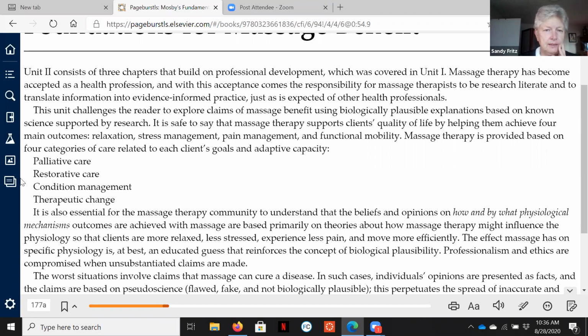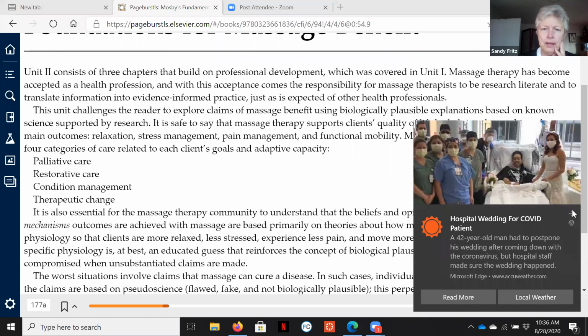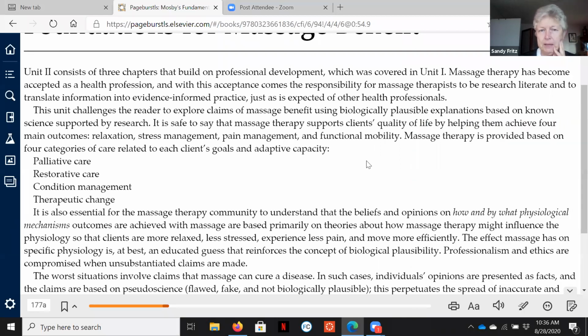That these are what are called categories of care, and they are specifically related to the client's goal and their adaptive capacity. Now, adaptive capacity means how much reserve does your body have, or what is your ability to respond to a stressor.